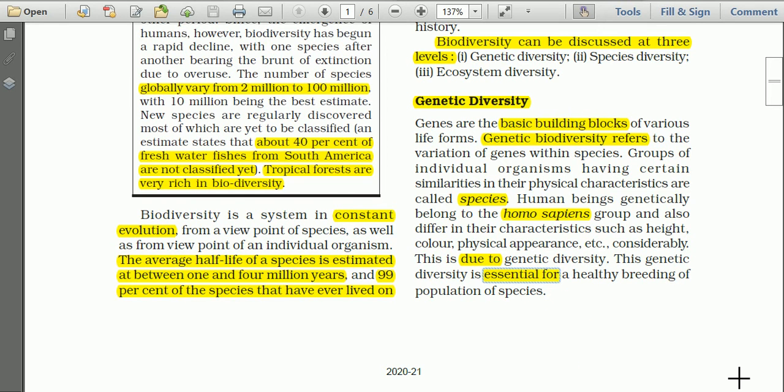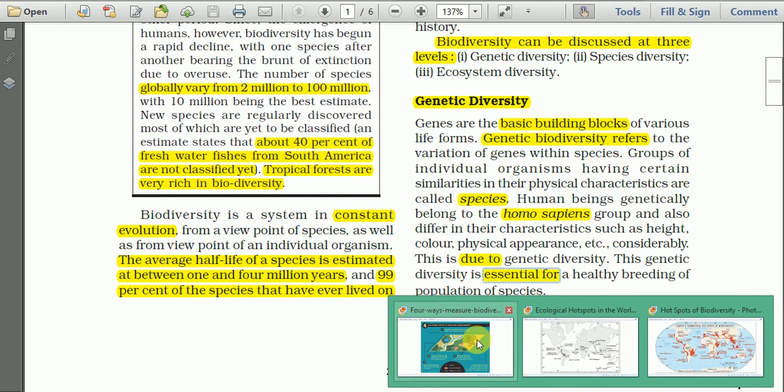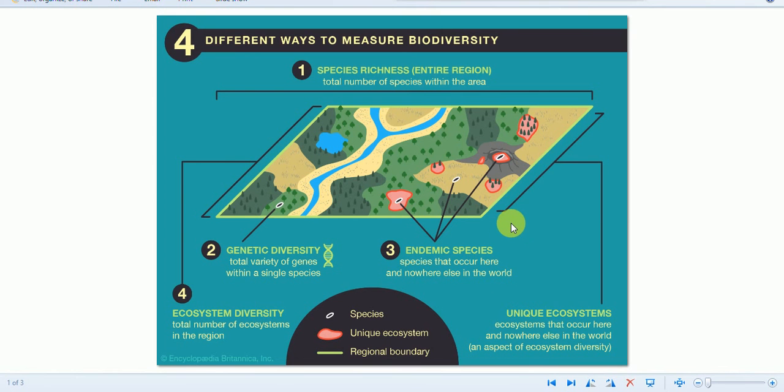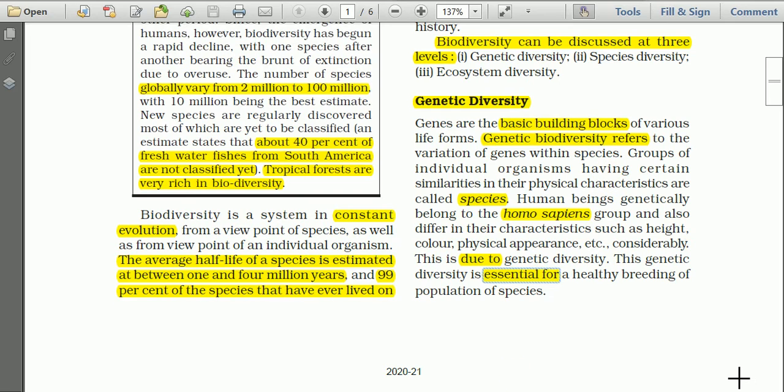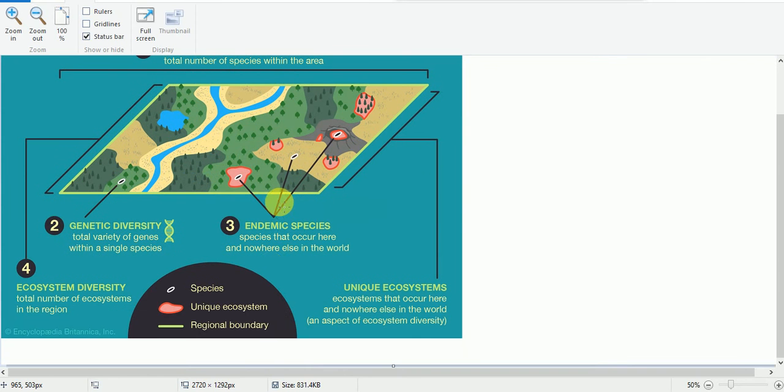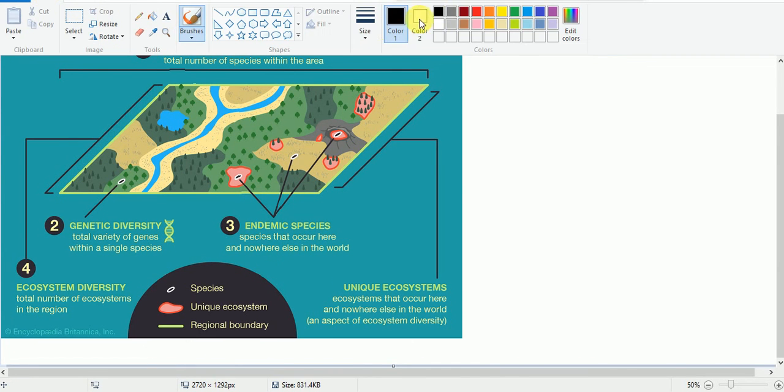See here about the ways of measurement of biodiversity. We have this diagram. First let us see the index.